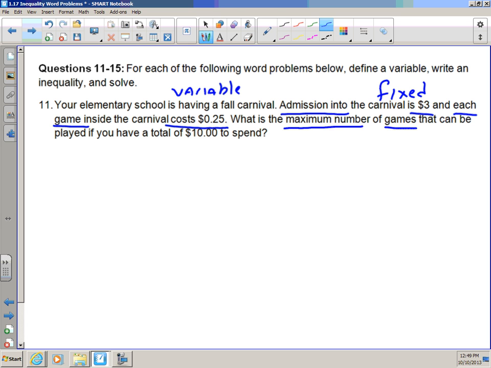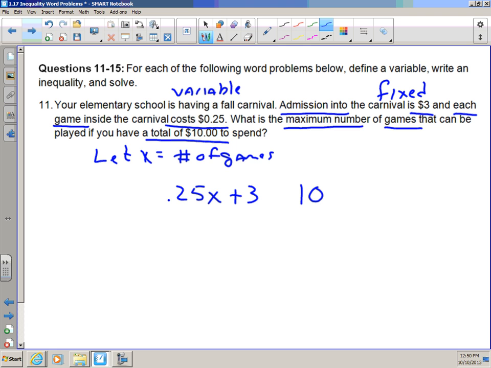Maximum number of games, since I have $10. So, what is my variable? Let x equal the number of games. The variable will always get attached to the variable cost. No pun intended. Okay? So 0.25 times x is my variable cost plus my $3. I can spend a maximum of $10.